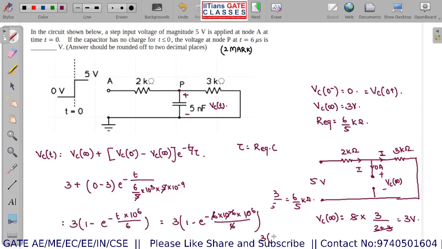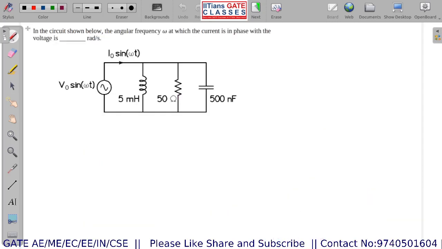So this is 3(1 − e^−1), that is 3 × 0.632. I am going to use my calculator for this. That comes out to be 1.896 volt. So the answer to this question is 1.896 volt. Good question.